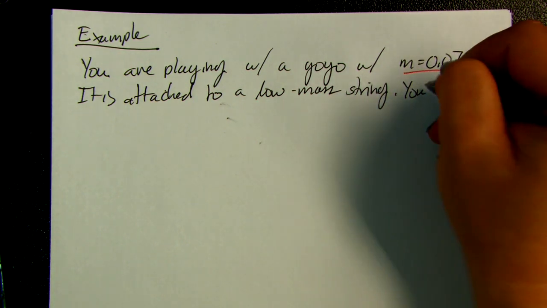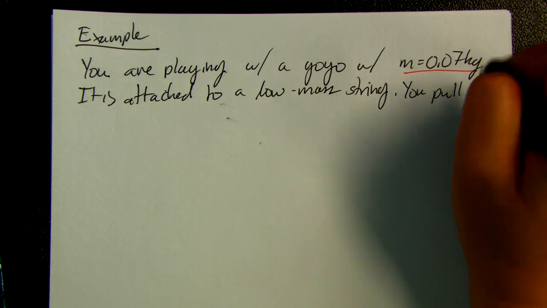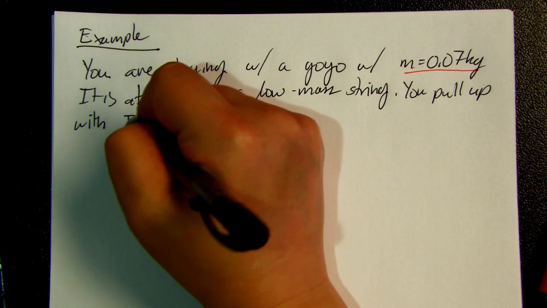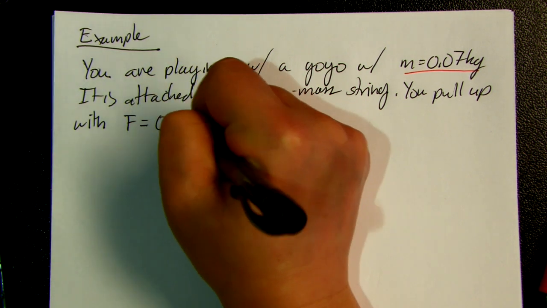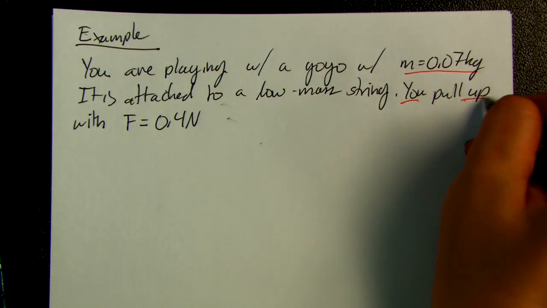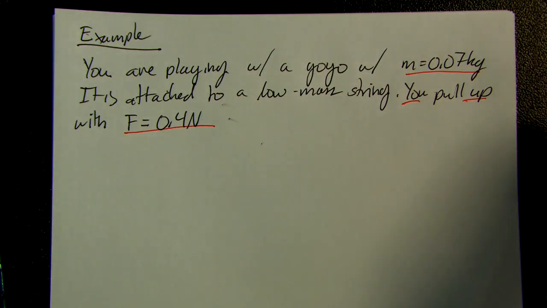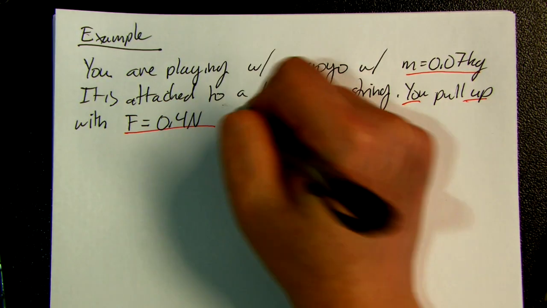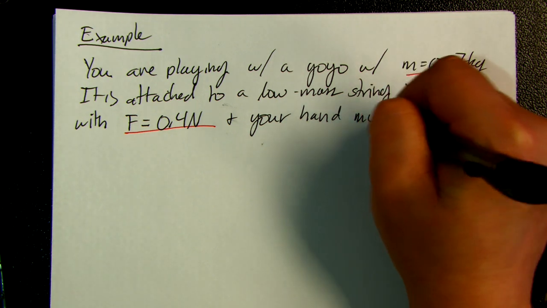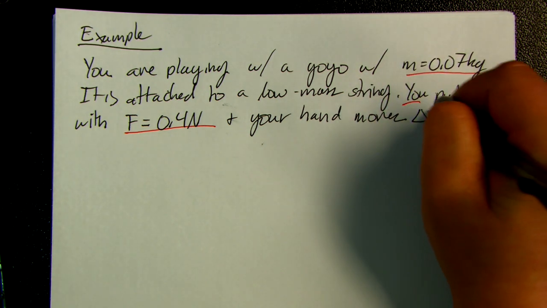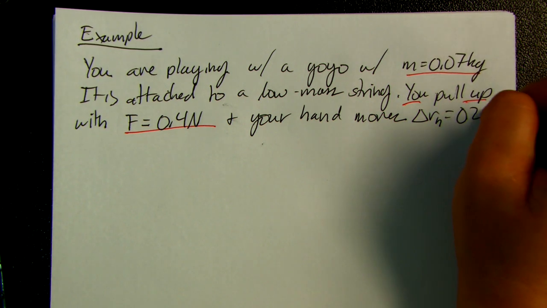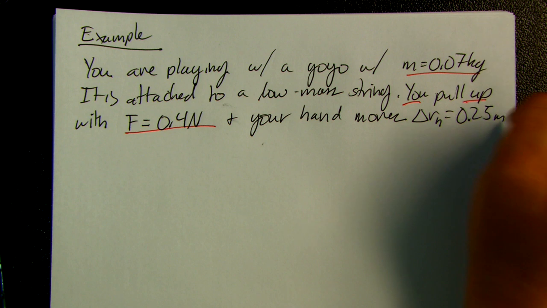So you pull up with a force of 0.4 newtons. So you are applying this force. And your hand moves, delta R hand is equal to 0.25 meters.